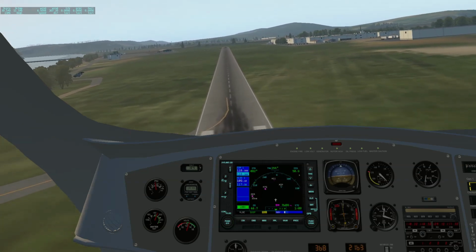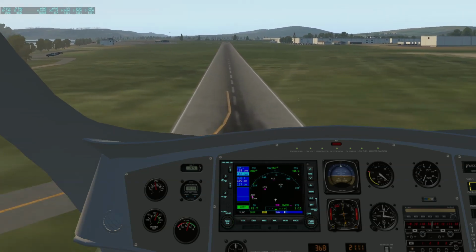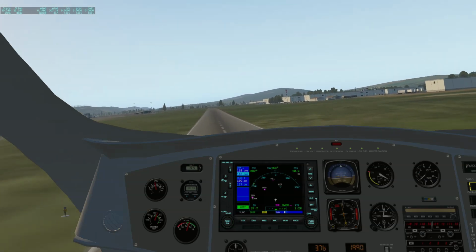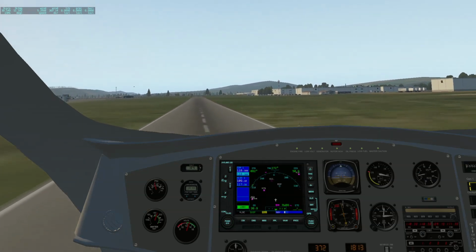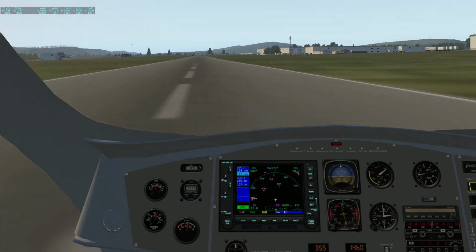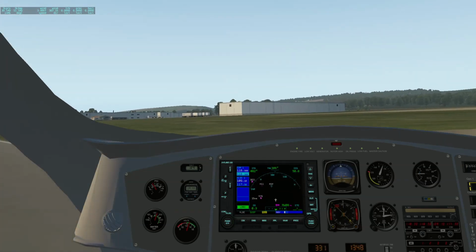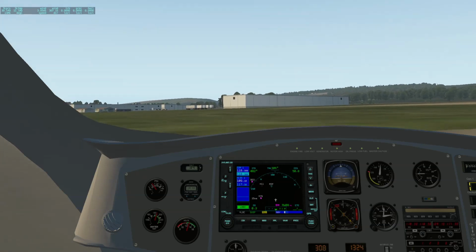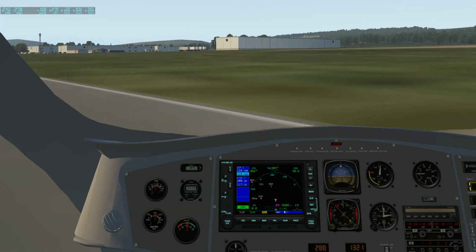I'm going to get down here to about 20 feet or so. I'm going to slowly start pulling up a little bit. And I want to just touch down nice and gentle. I can actually come back a little bit, and that will slow me down right away. If I hold it back, by the way, it's going to actually end up having me go backwards, which is not what I want.